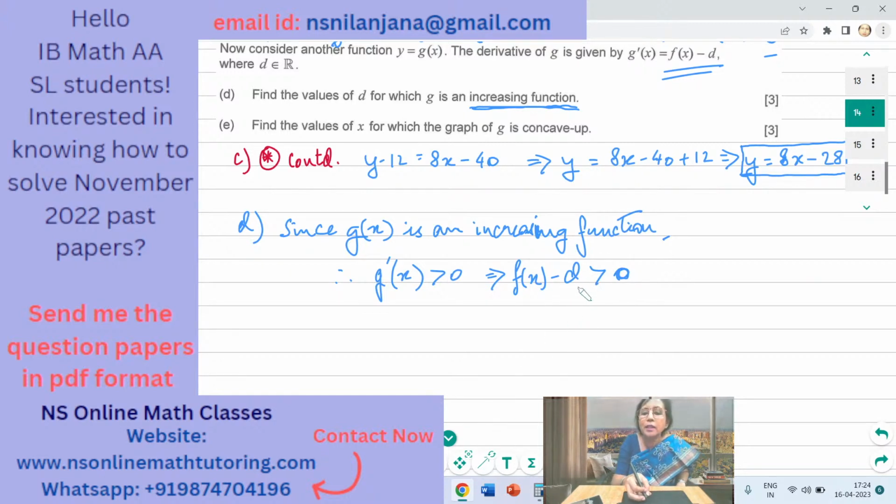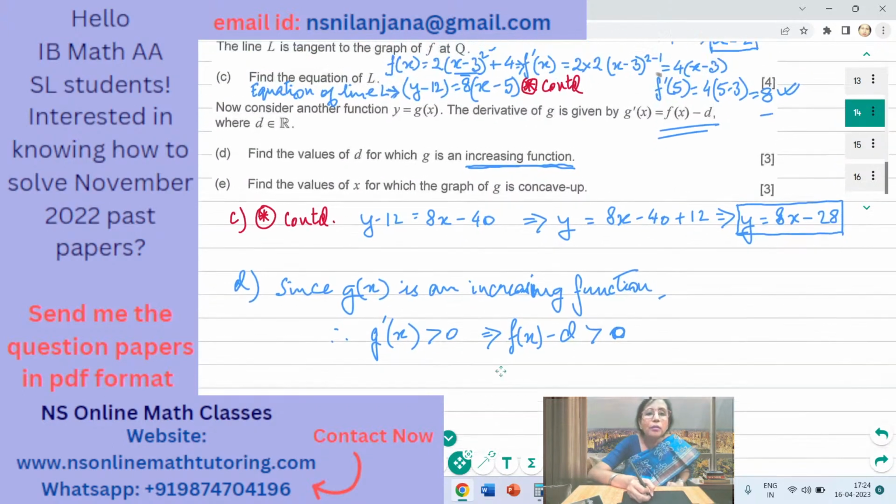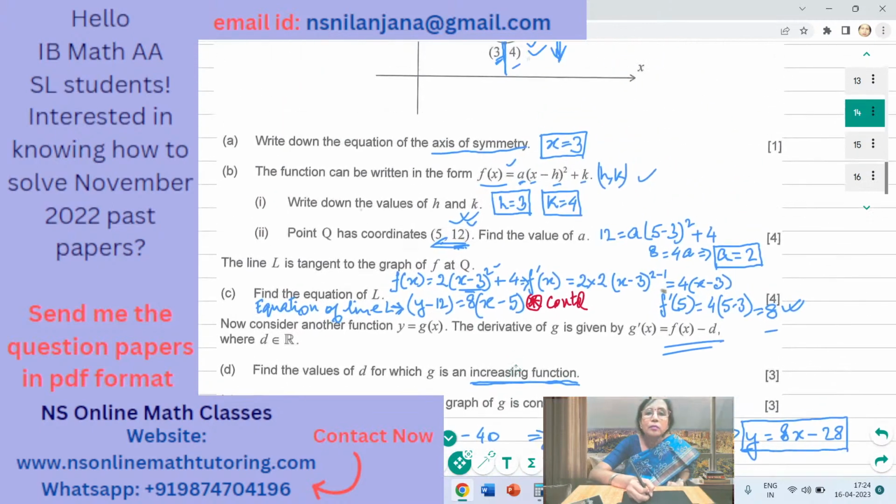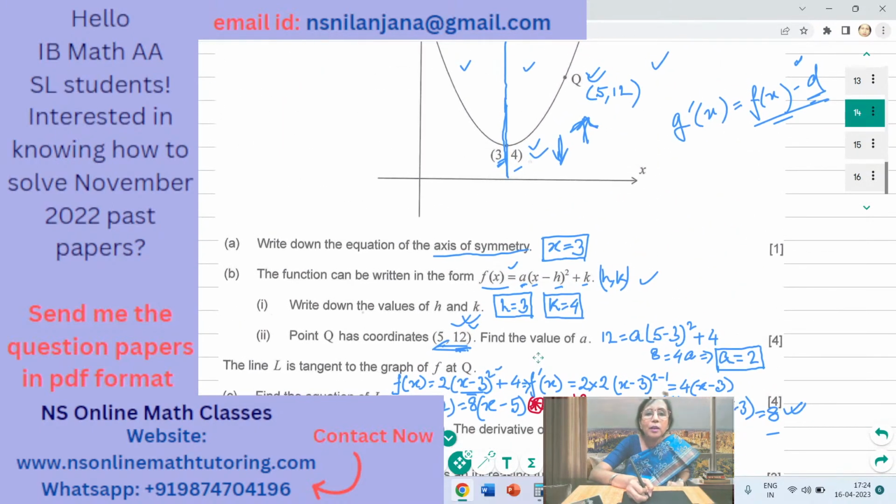Depending on whether d is a positive number or d is a negative number, it will be translated up or down. And since f of x minus d is greater than 0, the question says find the values of d for which g is an increasing function. Therefore, let us come back to the parabola graph.